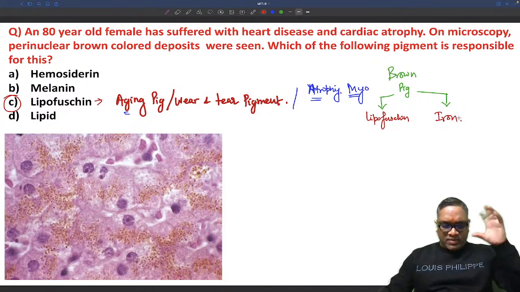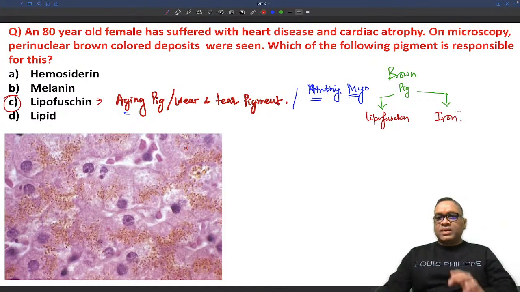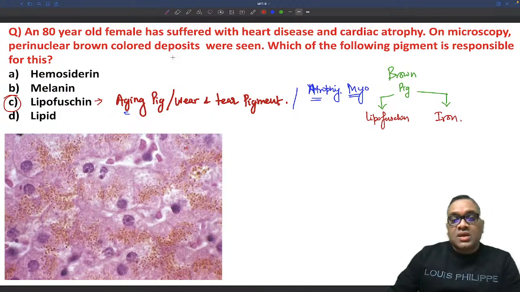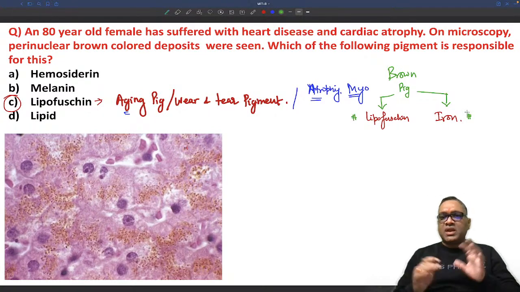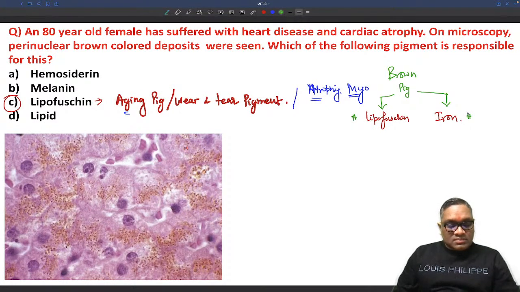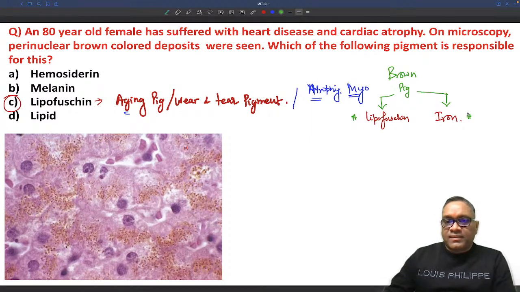That is how your mind will be working, right? If you have a brown pigment deposition, it can be lipofuscin or it can be iron deposition. So how do we discriminate this? Can you tell me in the comment box how you are going to differentiate whether it is lipofuscin or iron pigment, because both will be perinuclear brown pigment?